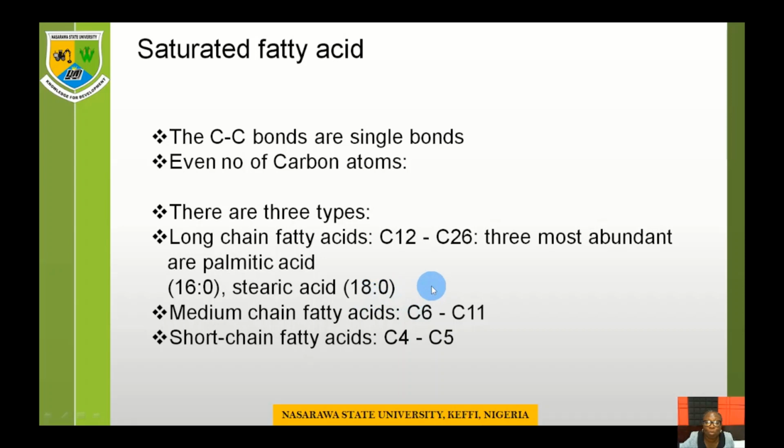These are the 3 most important long chain fatty acids. Then we have the medium chain fatty acid, carbon 6 to carbon 11. Then we have short chain fatty acid, carbon 4 to carbon 5.